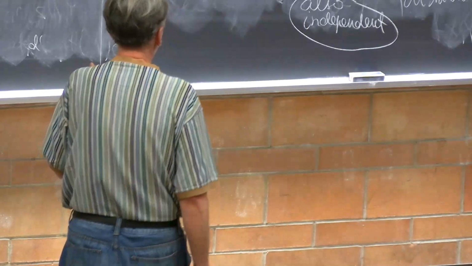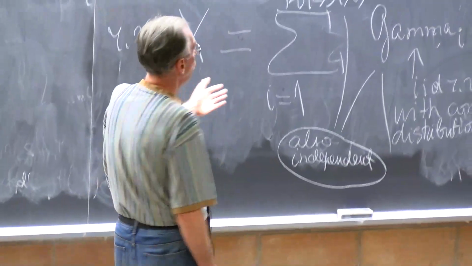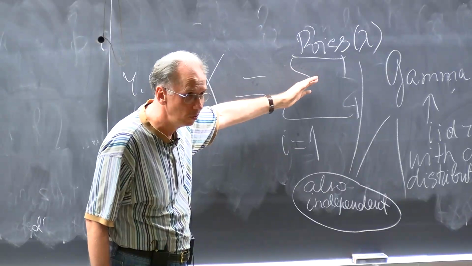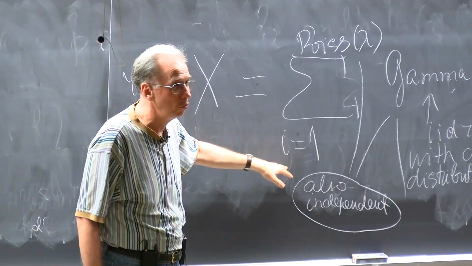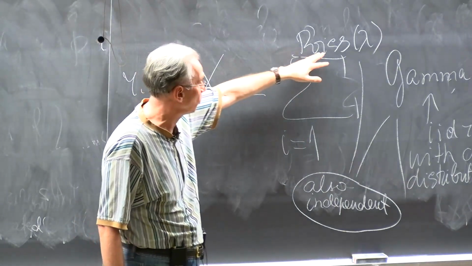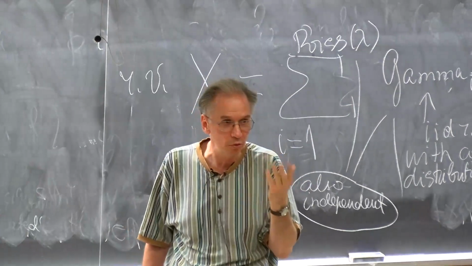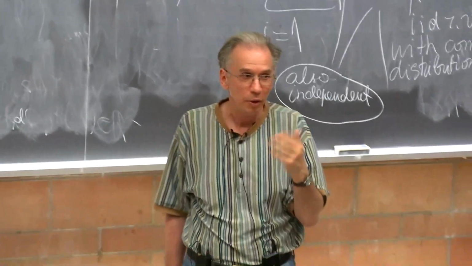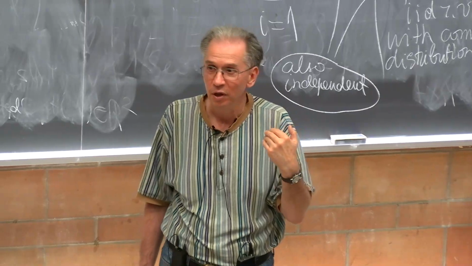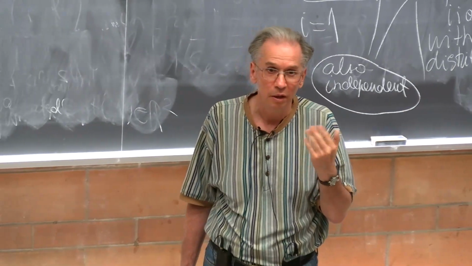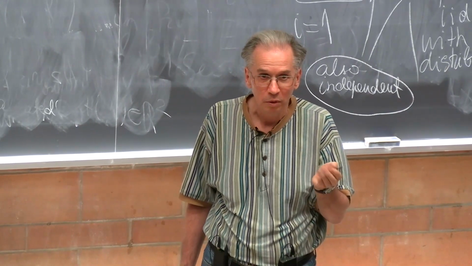So here you actually have two sources of randomness, and you consider a discrete Poisson and an absolutely continuous gamma random variable together. But real life makes us consider such models.